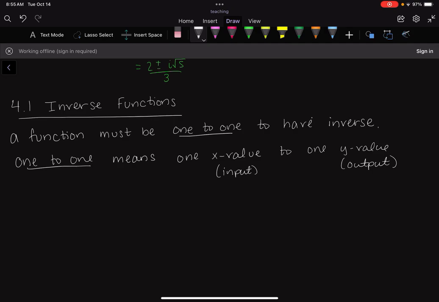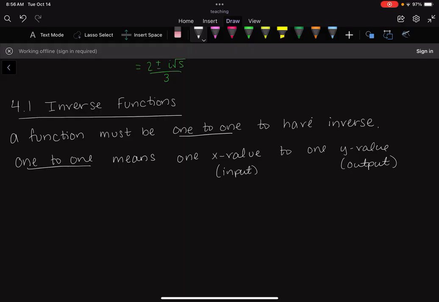So if you remember with functions in general, you just couldn't have repeating x values. But you could have repeating y values and that was fine. For instance, like a parabola, you're going to have repeating y values, but you can't have repeating x's whenever you write the points out. With a one-to-one function, you need both to only be one x to one y and that's it.